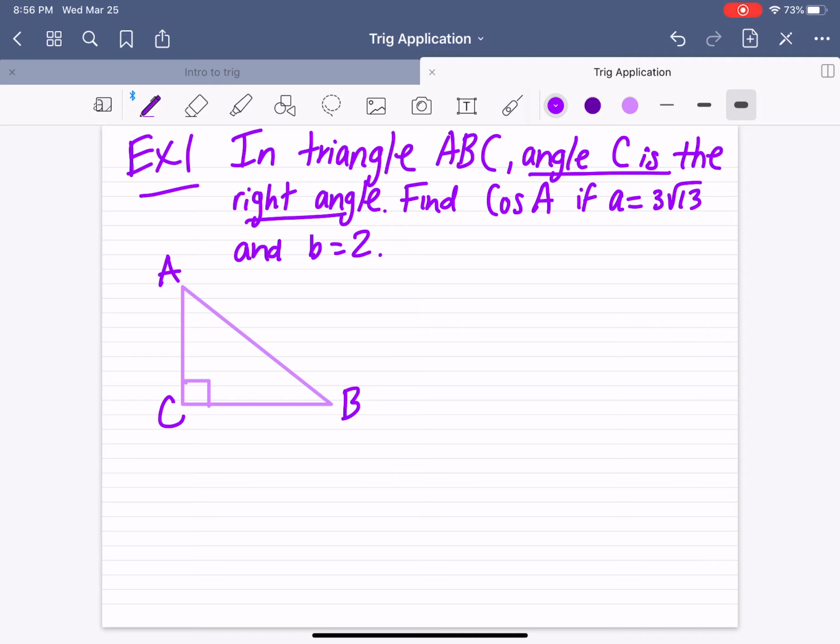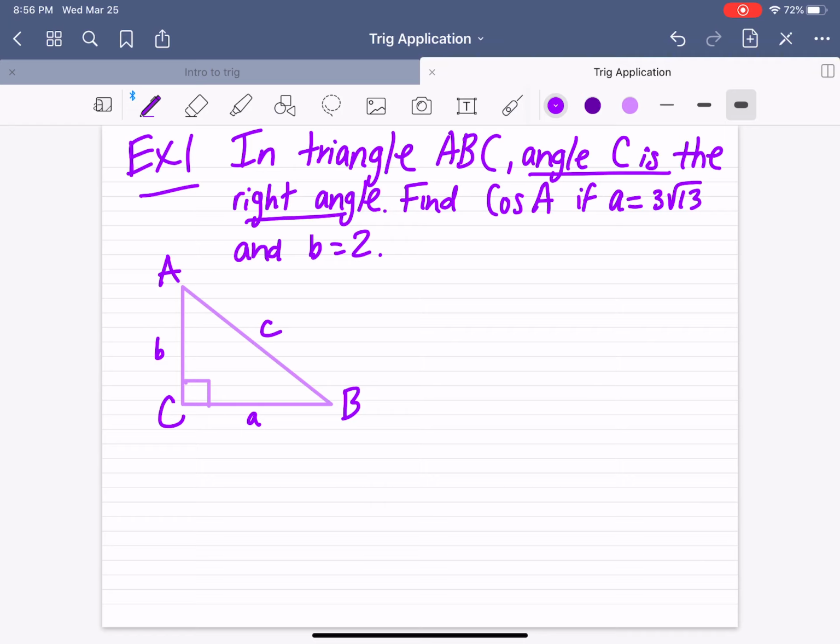Now the lowercase letters, those are the sides. So here is angle A. So the side right across from that is side A. The side right across angle B is side B. And the side across the angle C, or the 90-degree angle, is side C. So notice that the sides are denoted by lowercase letters.